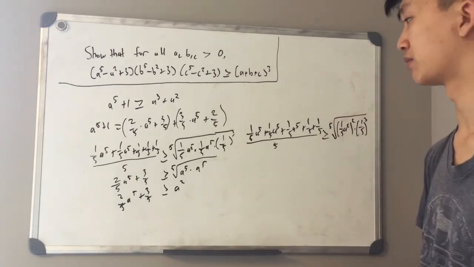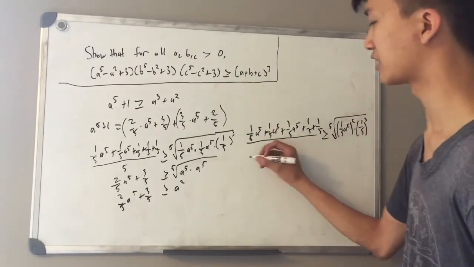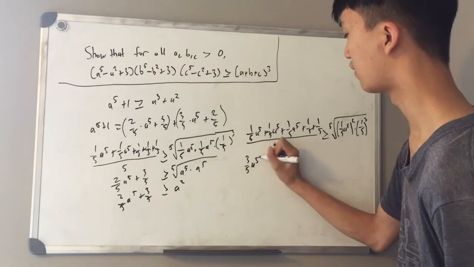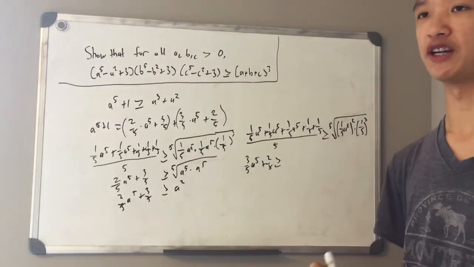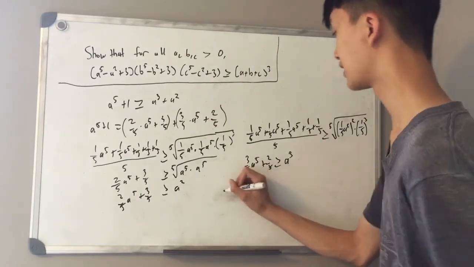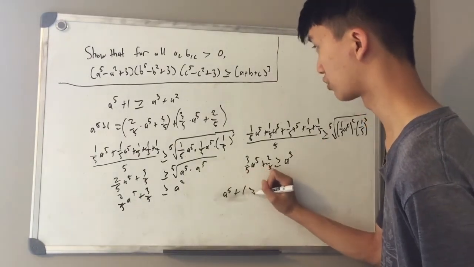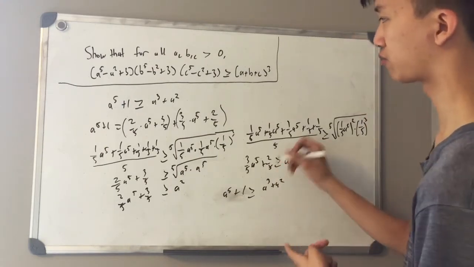So now doing the same thing, multiplying both sides by 5 and then taking out the 1 over 5, we get that 3 over 5 times a to the 5 plus 2 over 5 is greater than or equal to the fifth root of a to the power of 15, or a cubed. And so now adding these two up, we get a to the 5 plus 1 is greater than or equal to a cubed plus a squared. So now we have proven the above.